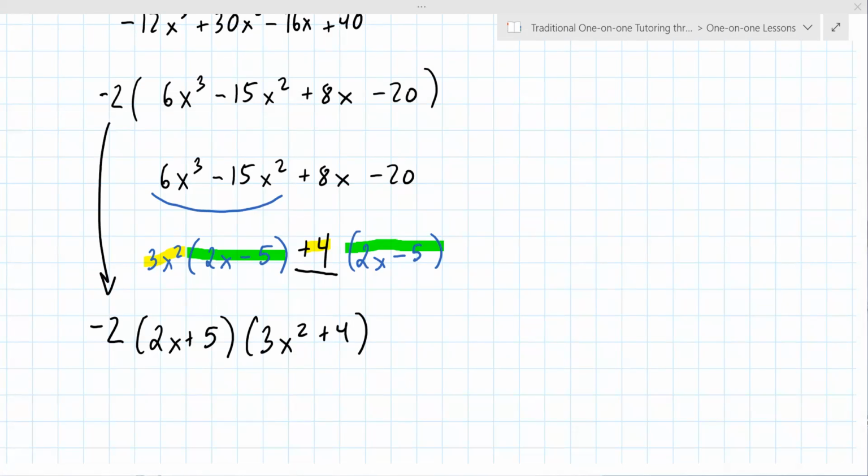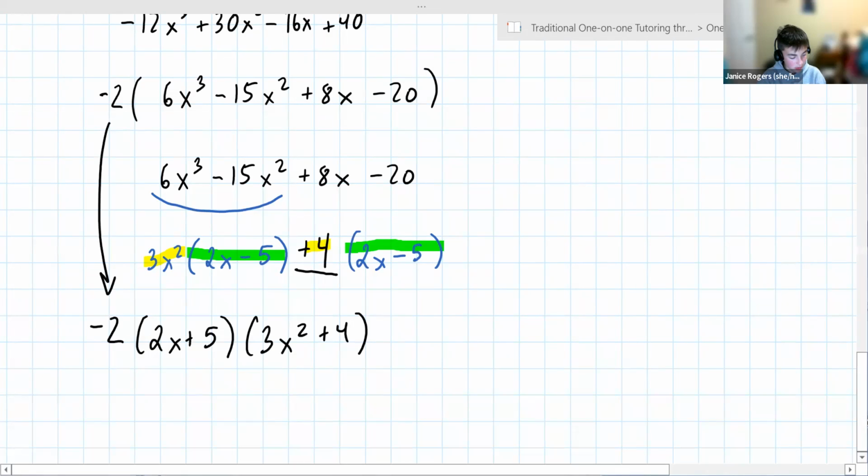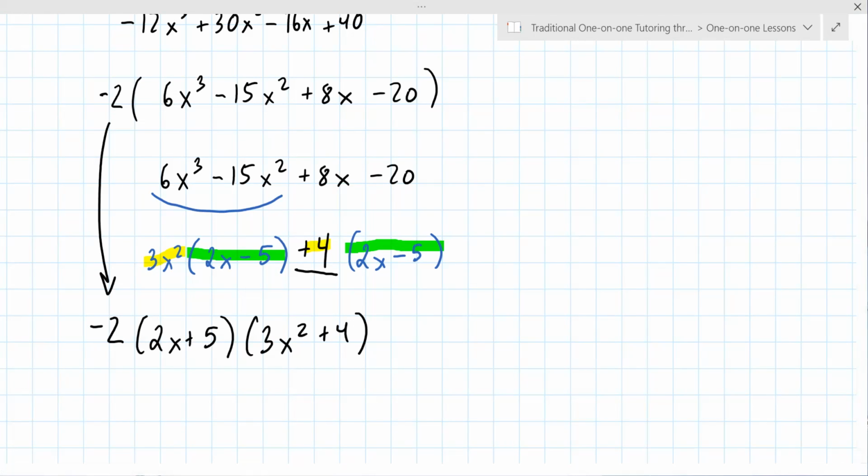Okay. So what I'd like to do is look at least one more of these with you before moving on to something else. You can either give me one, or I've got a bunch here if you want me to choose one myself. What would be best for you? I don't think I have any more of those. Okay, so let's look at another factor by grouping here. Just a moment.